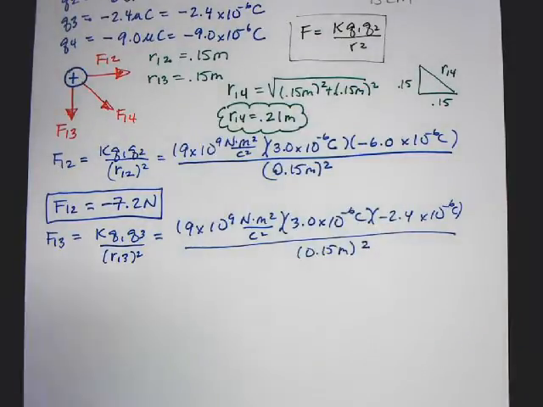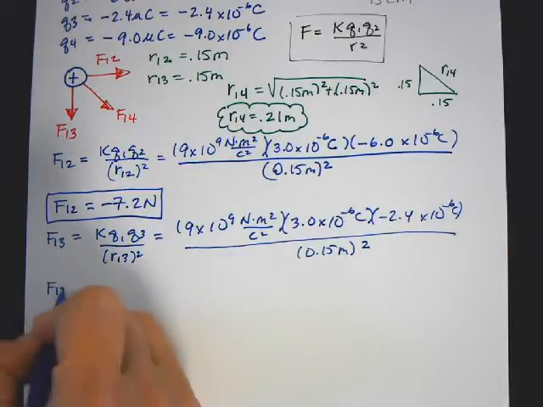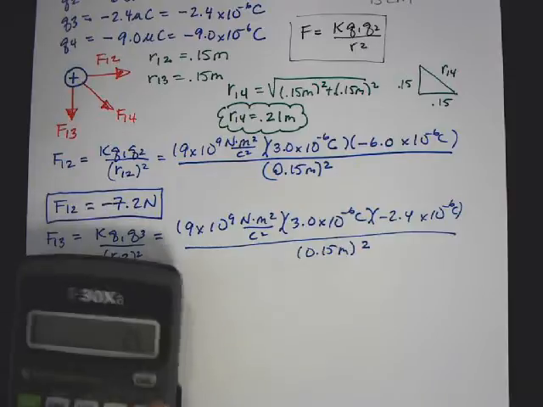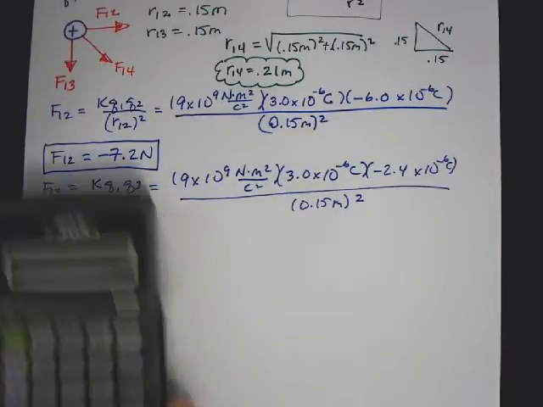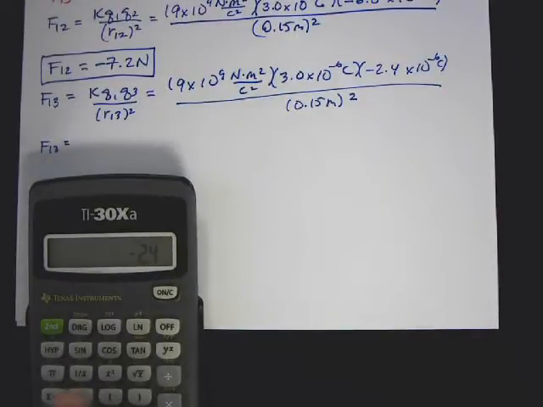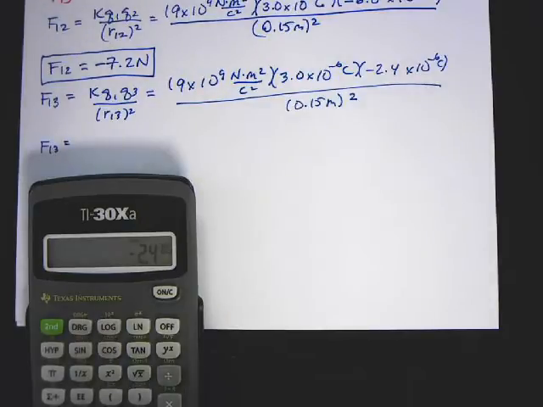So then when I put all that in my calculator, I get negative 2.9 newtons.